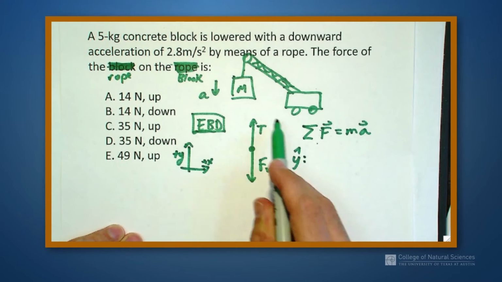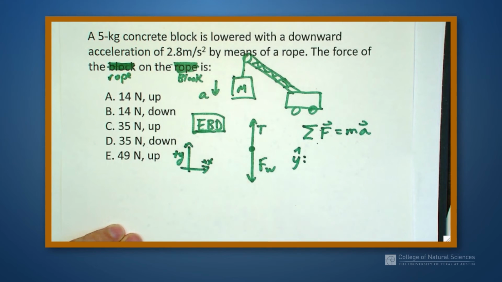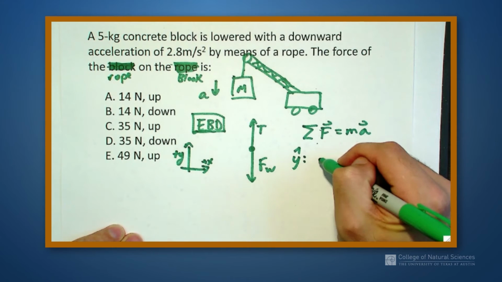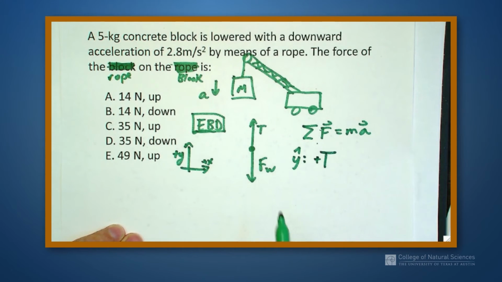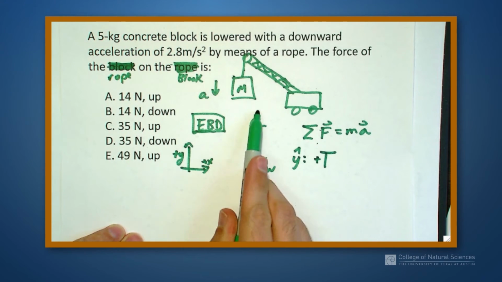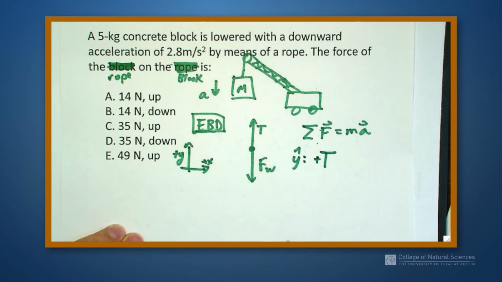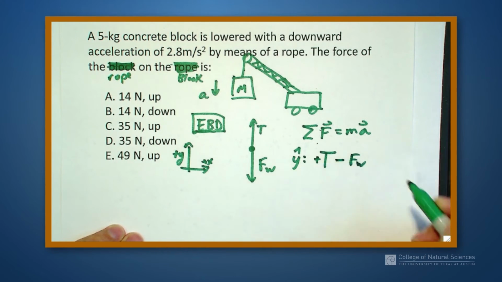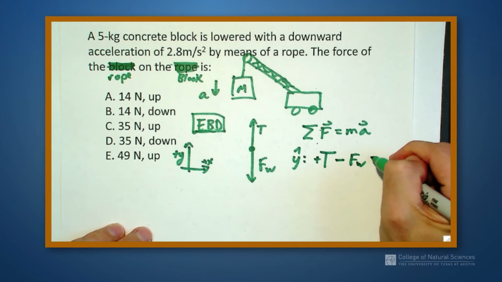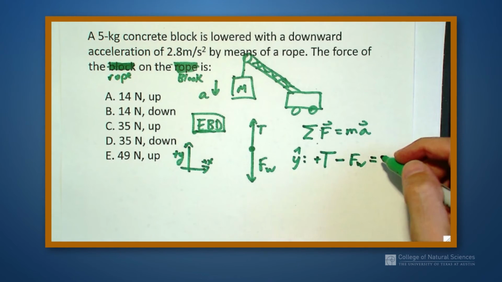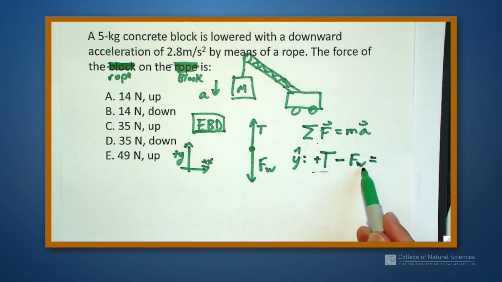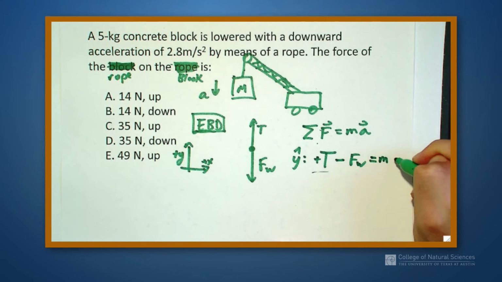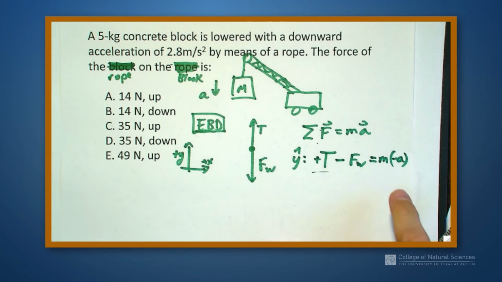I'm going to look at each one of my forces and ask, is there a y component to it? The tension force has an upward value, a positive value, because it pulls upward. My weight force is a downward weight force. Having added up all my forces, I jump over to the inertia side. I have my mass times a minus acceleration.